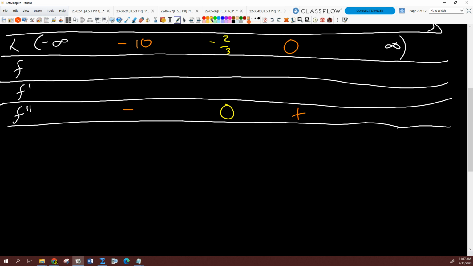But there are no horizontal tangents. So it's just going to look something like maybe, well, okay, I messed that up, didn't I? Because there are no horizontal tangents. I just said that. So it's doing something more like, something like that.